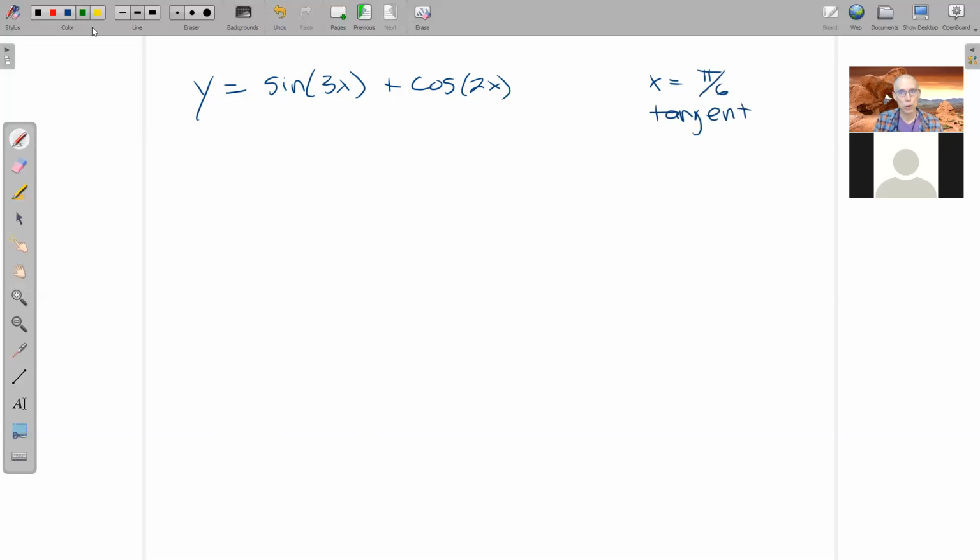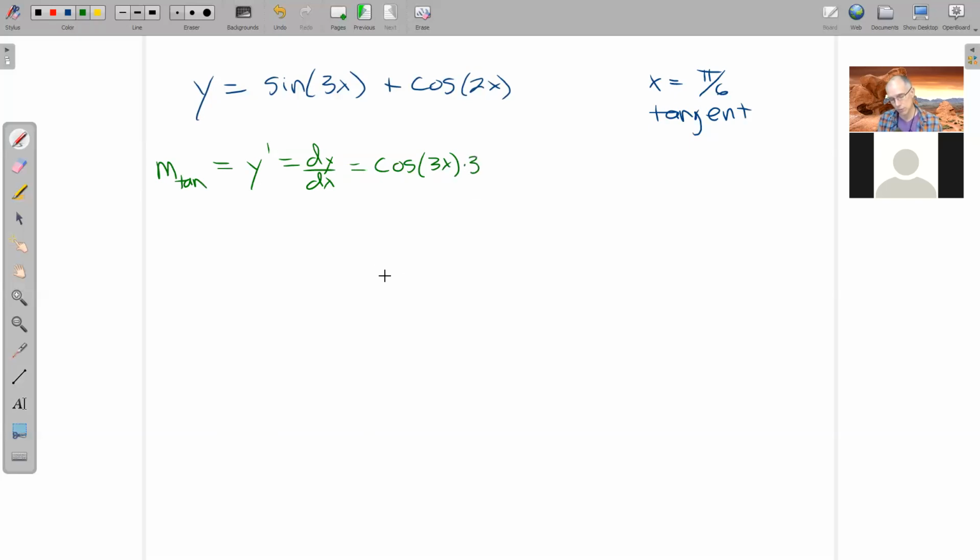So we need to know the slope function, which is y prime, or dy dx. And so taking the derivative of the sine here, its derivative is the cosine. The 3x stays put for a moment, and then the chain rule says if there's anything but an x in there, you have to multiply by its derivative, and so that would be times 3.